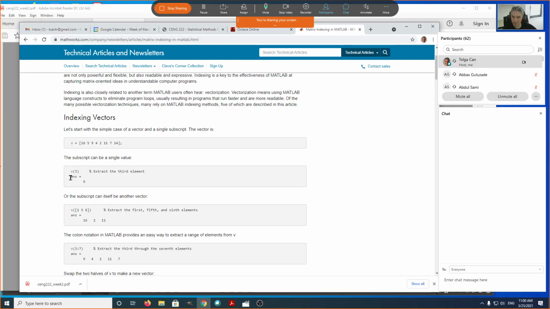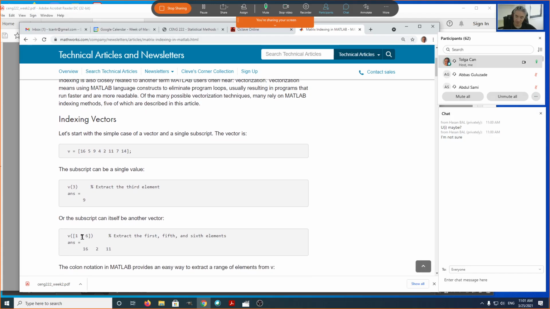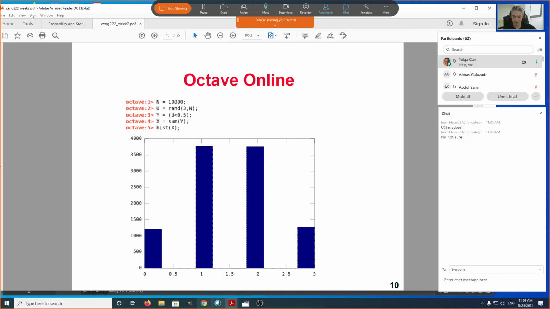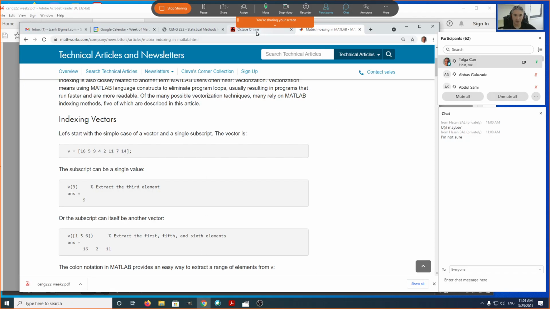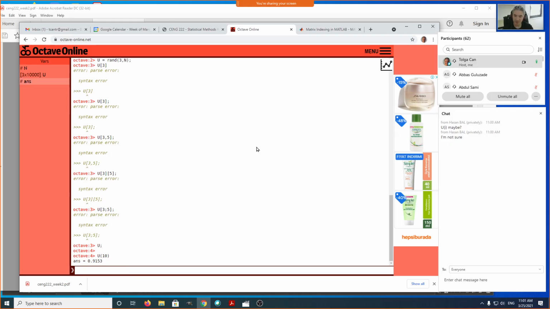All right, so interestingly, we do not use curly braces, and the square brackets are not used. It's like a function. So for example, when you say u(10), the 10th element, it's 0.91.